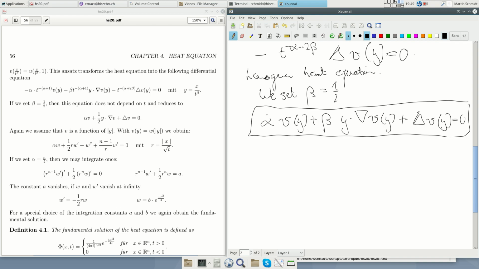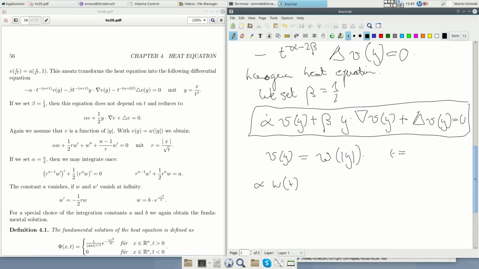And now, like for the Laplace equation, we make the assumption that v depends only on the absolute value, on the length. So w of the length. This term is the same, w of r.